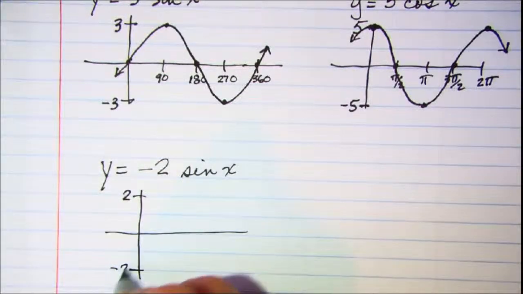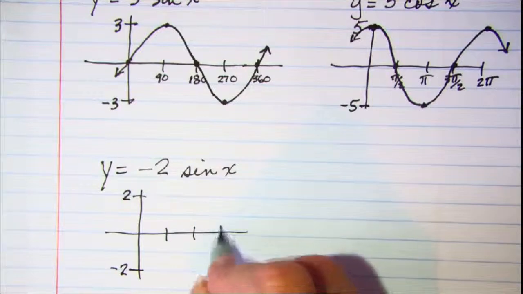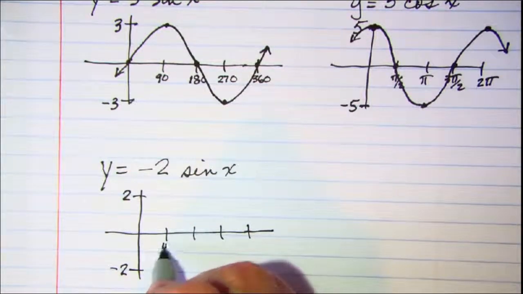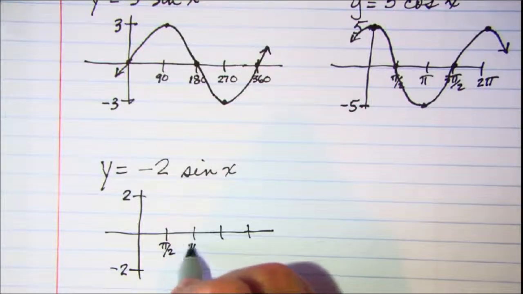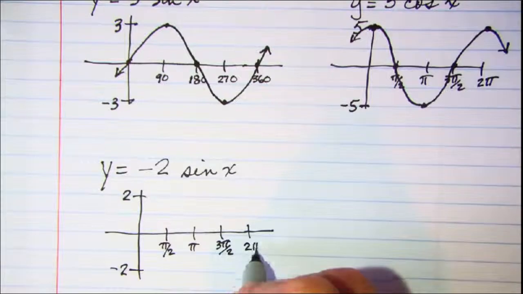That doesn't change. Let me get my 4 quadrants here. So I can label this pi over 2, pi, 3 pi over 2, and then 2 pi.